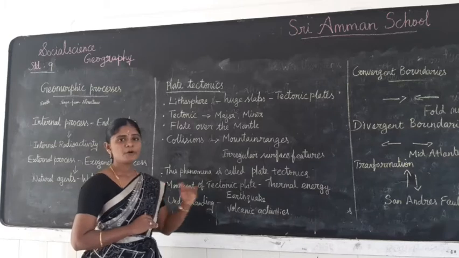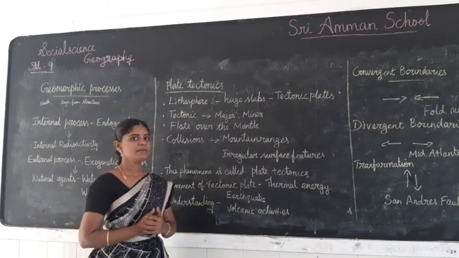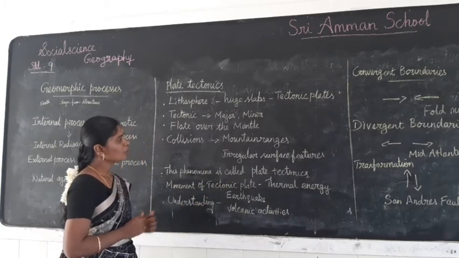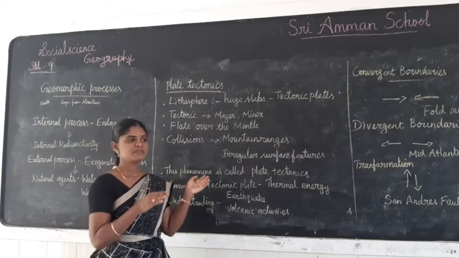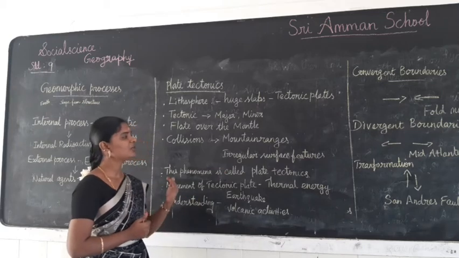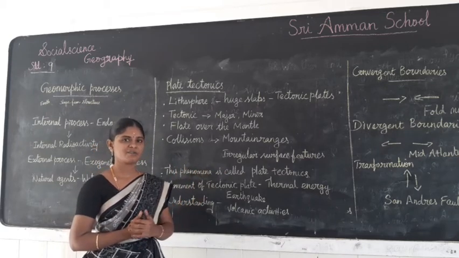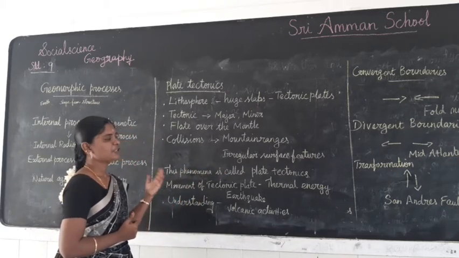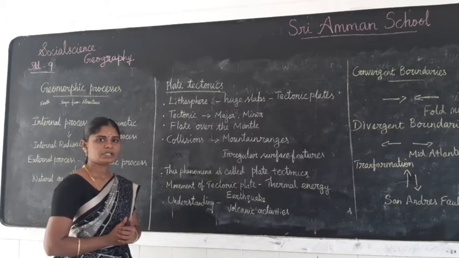These plates float independently over the mantle. Their collisions create mountain ranges and irregular surface features. This phenomenon is called plate tectonics.